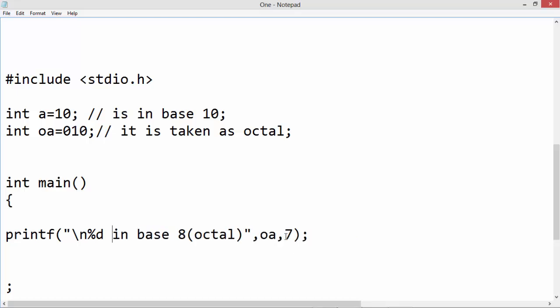If I display the %d of that, then what will it be? Let me just do this: oa in base 8 equal to %d in base 10.